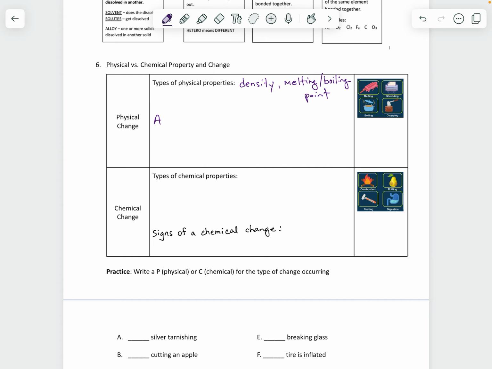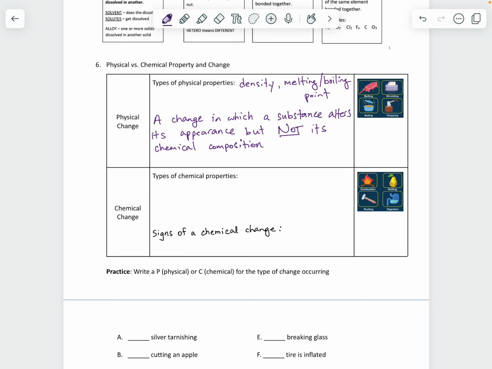So a physical change is a change in which a substance alters or changes its appearance, but not its chemical composition.